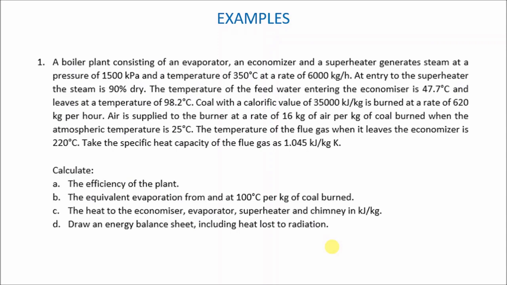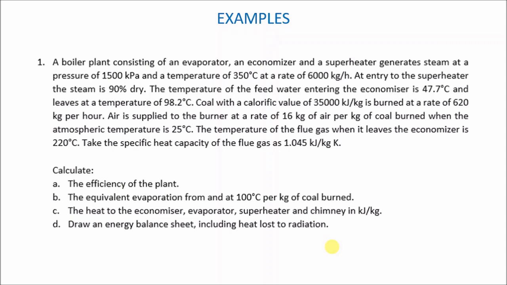Therefore, it is superheated, which makes sense because the steam that comes out of the steam plant is coming out of the superheater, and therefore it must be superheated. So we have this pressure of 1500 kilopascals. And remember what I told you, the pressure after the superheater is equal to the pressure before the superheater.